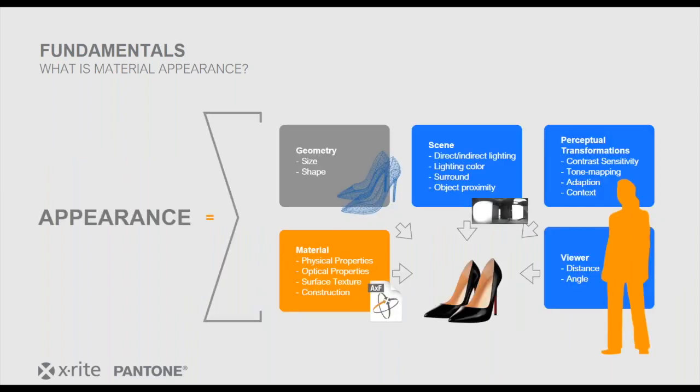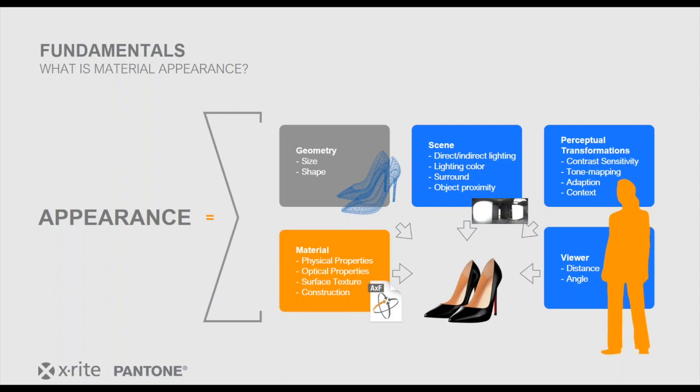But it's not just those material characteristics. Those material characteristics are combined with other things. They're combined with the geometry that you're using. They're combined with the scene that you're using, including the kind of lighting, and they're combined with the viewer, the person who's looking at it. Each of these properties comes together to produce the full appearance of something.